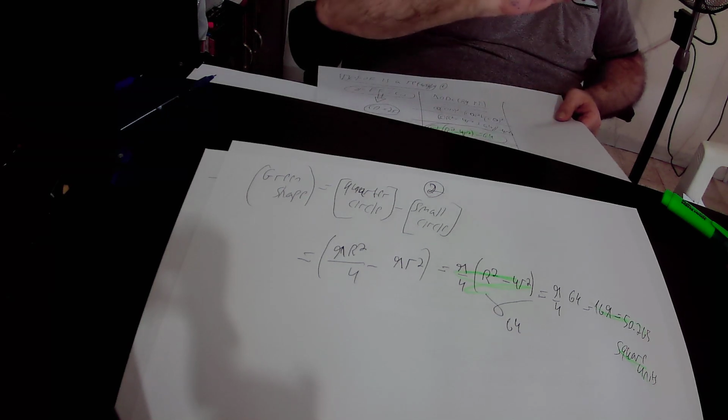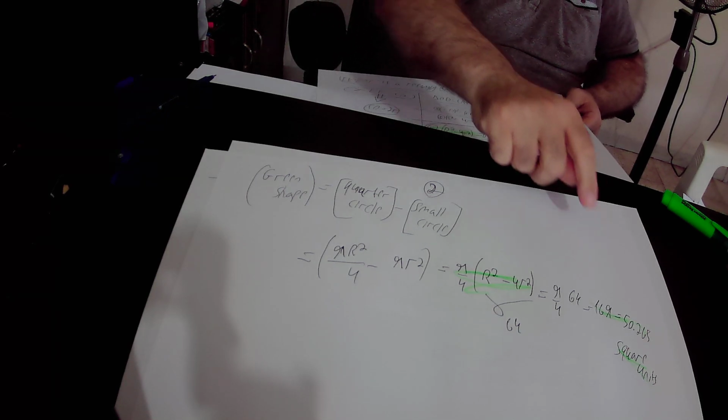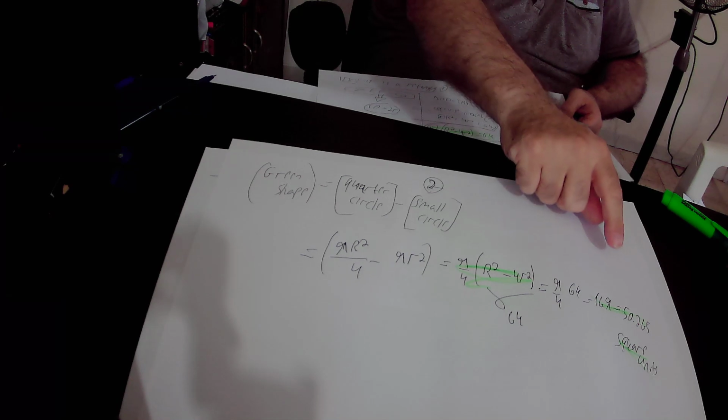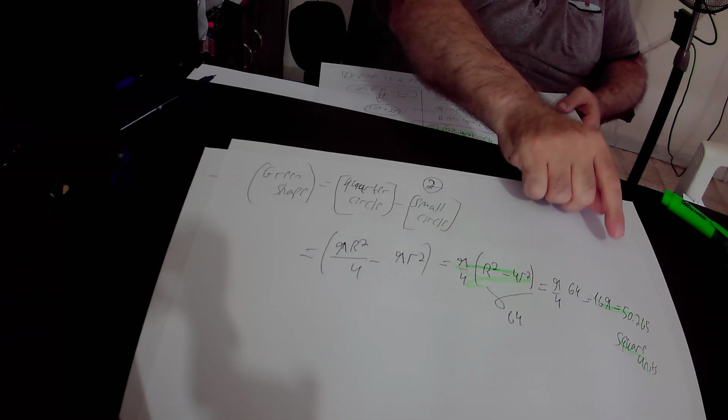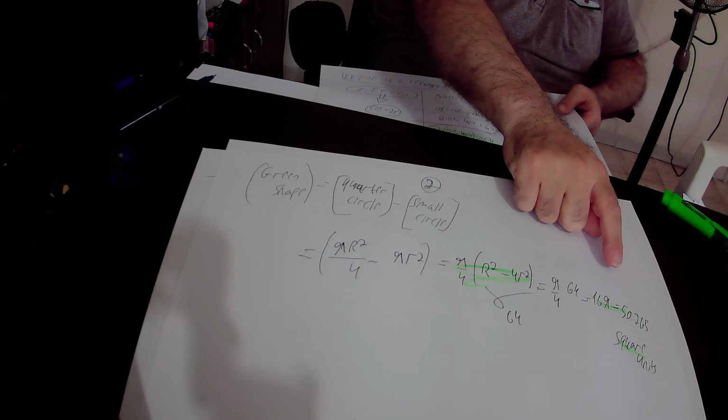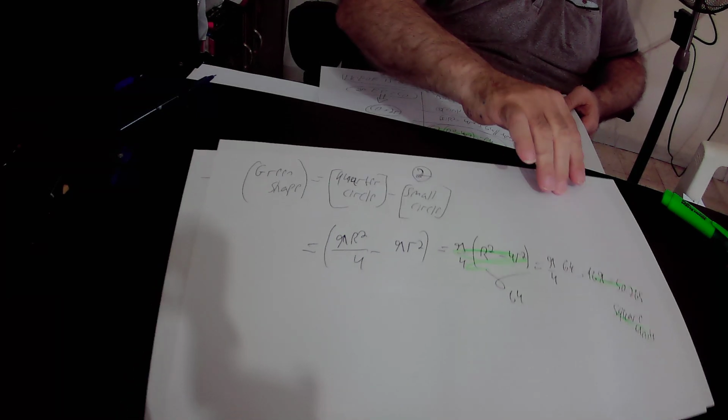So in conclusion, the area of the green shape equals 16 pi square units, so in terms of numbers, it is equal to 50.265 square units. We finished with the first method. Then I presented to you how to find the area of the green shape according to the second method.